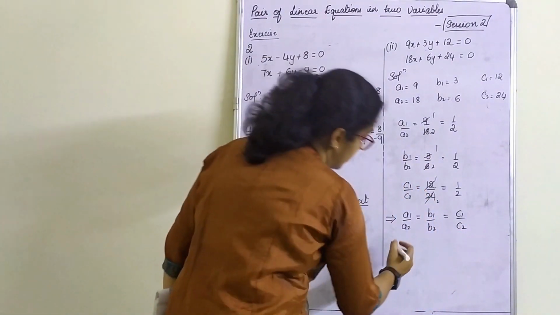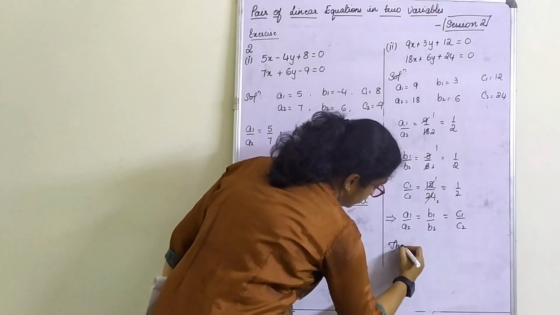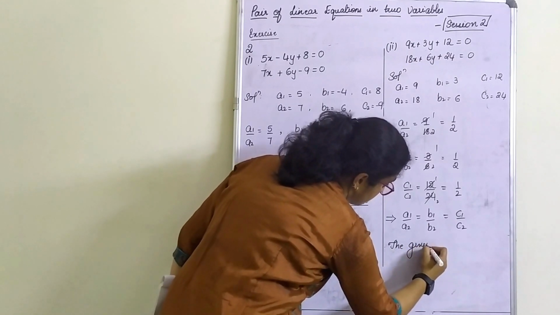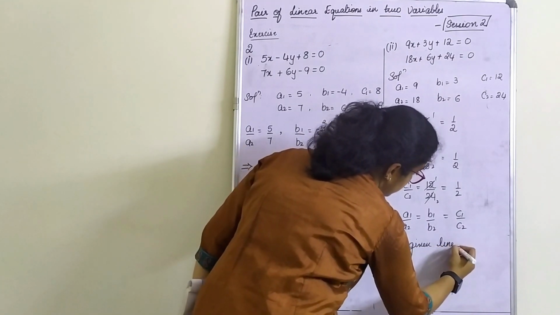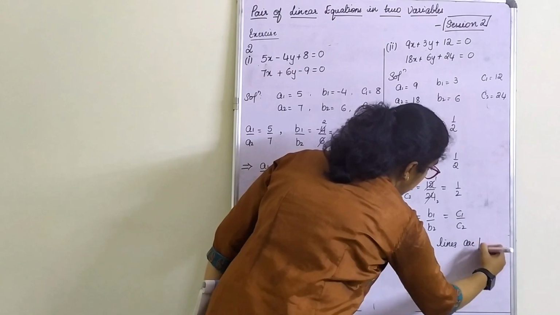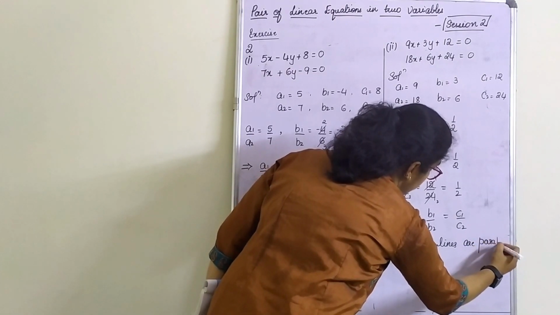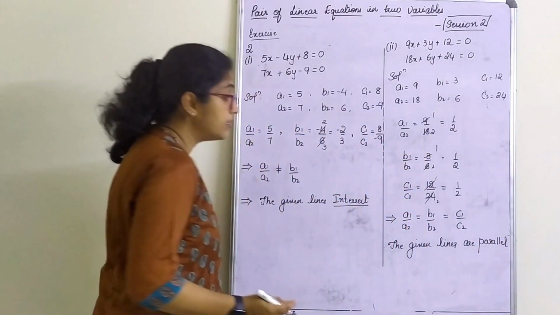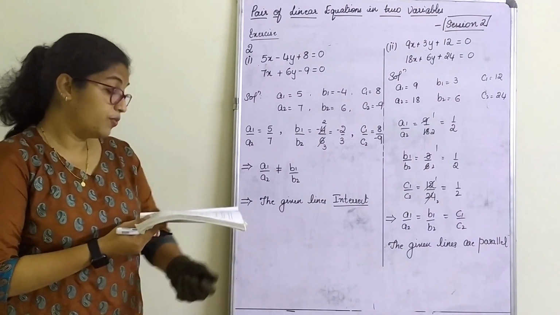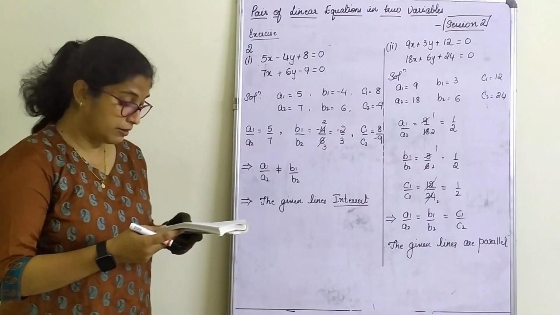The given lines are coincident. Is this very clear, how to do this? Whether it is parallel or not parallel.